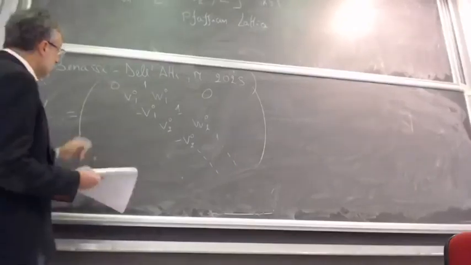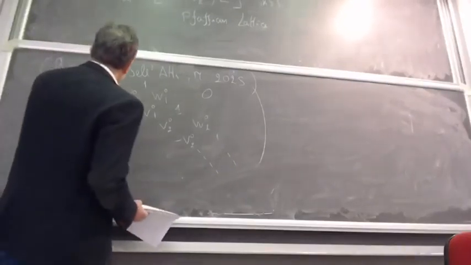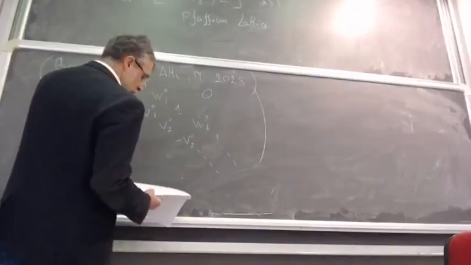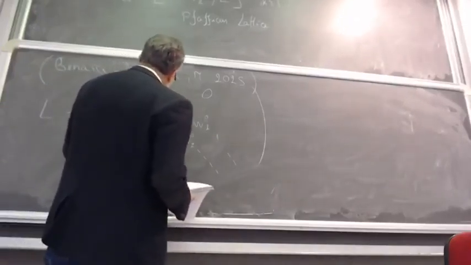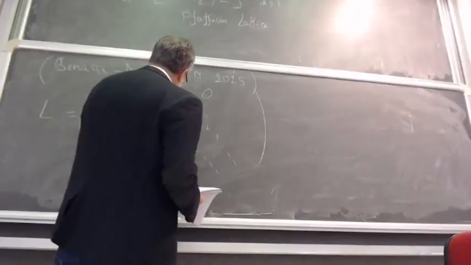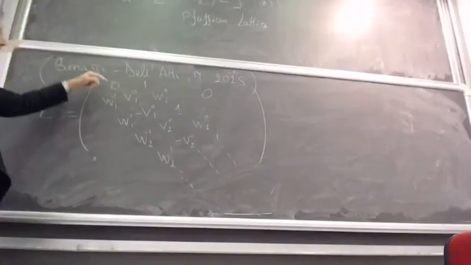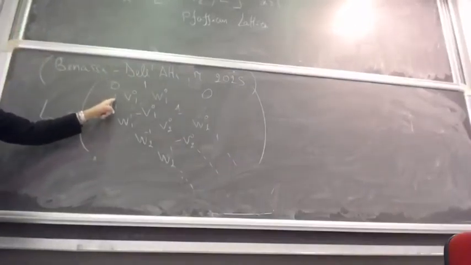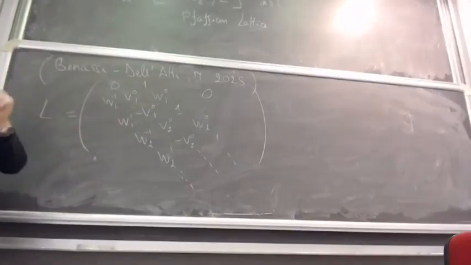So what happens below? The first lower diagonal is of this type. So W minus 1, 1, then you get W1, 1, then W minus 1, 2, W1, 2, and so on. You see, the upper index now starts counting the diagonal, and the lower index the position along the diagonal.